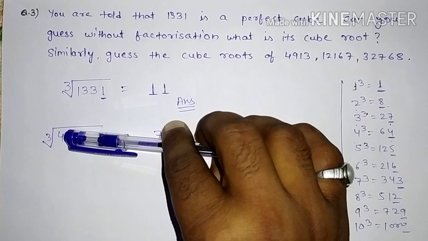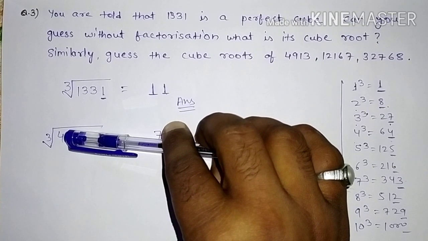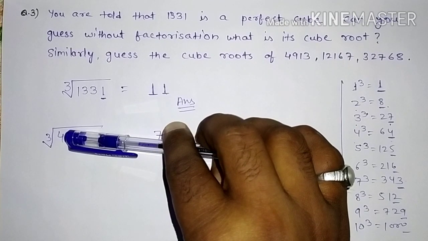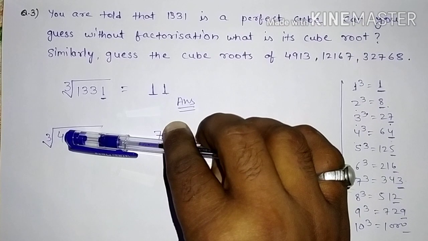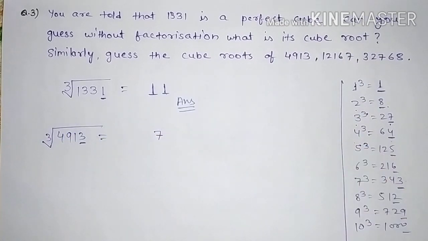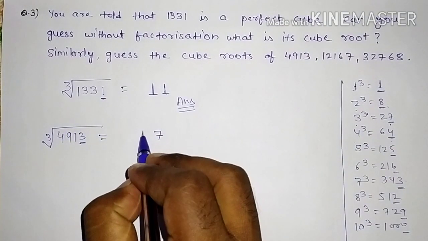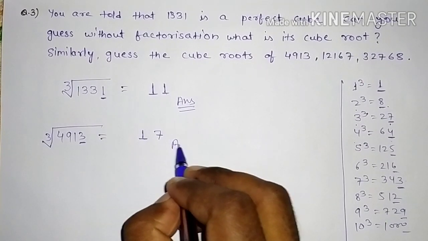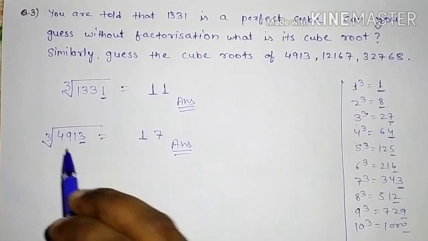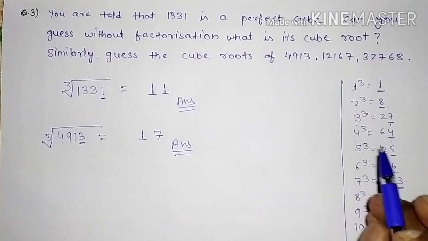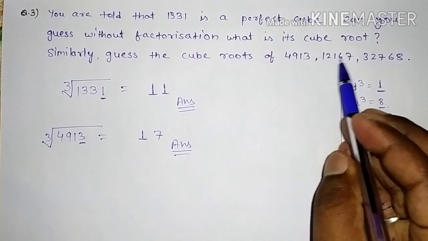Cube of 2 is 8, and 8 is greater than 4. So here we can take 1, because the cube of 1 is 1, and 1 is less than 4. So here we write 1, and 17 is the answer. The cube root of 4913 is 17. It's very simple. Now take another question, 12167.